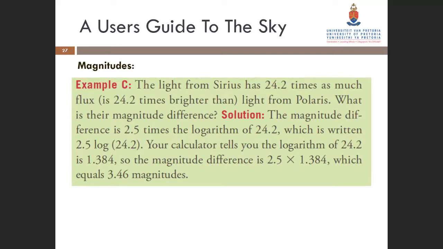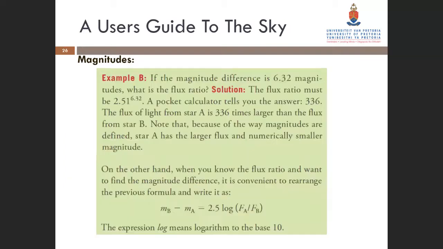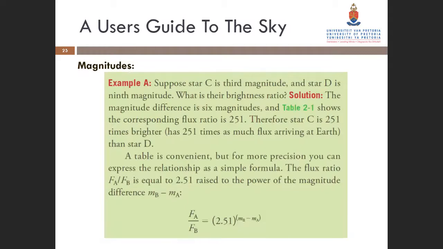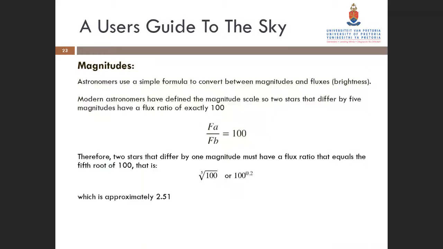Before continuing on, is there anything you guys want to ask, or want to take a breather of a minute? So where does the 2.5 come from? If we go back a few slides, it comes from here.